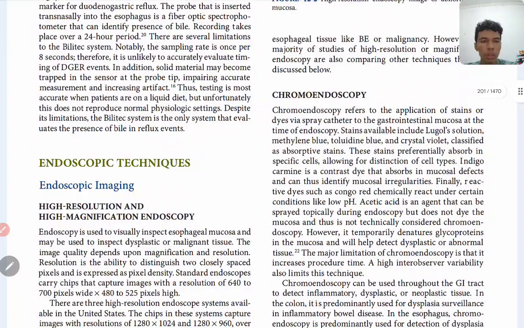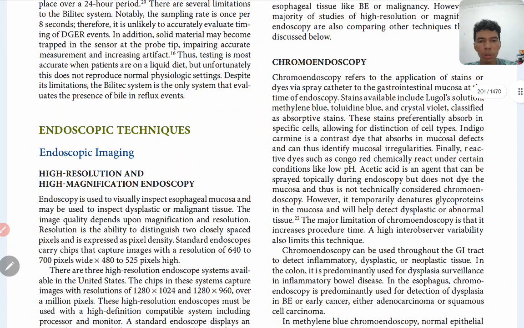These stains preferentially absorb in specific cells, allowing for distinction of cell types. Indigo carmine and acetic acid are contrast dyes that pool in mucosal crevices and can thus identify mucosal irregularities. Finally, reactive dyes such as Congo red chemically react under certain conditions like low pH.